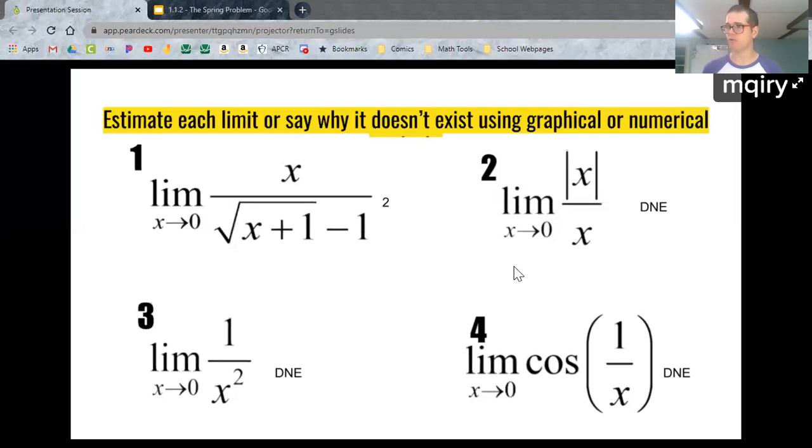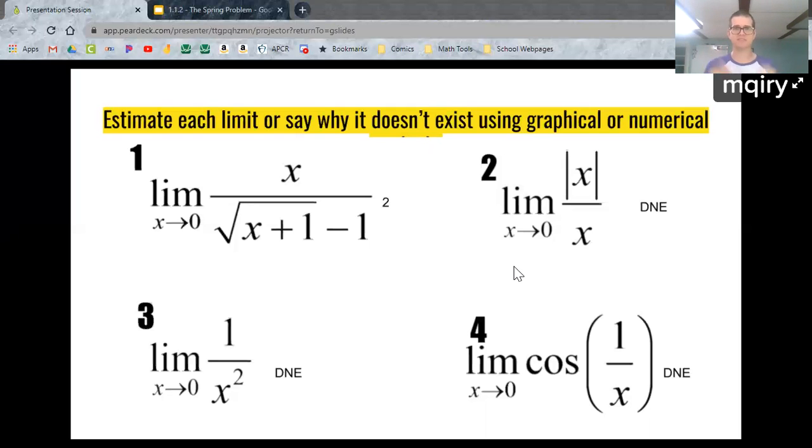Because what's happening in number 4 is, numerically it seems weird. As you plug in different numbers, you get different things. You're not really sure what's going on. When you graph that one, you see that cosine, as it gets closer in, starts oscillating, going back and forth faster and faster and faster. And if it's going like this, how can you determine what the limit is?